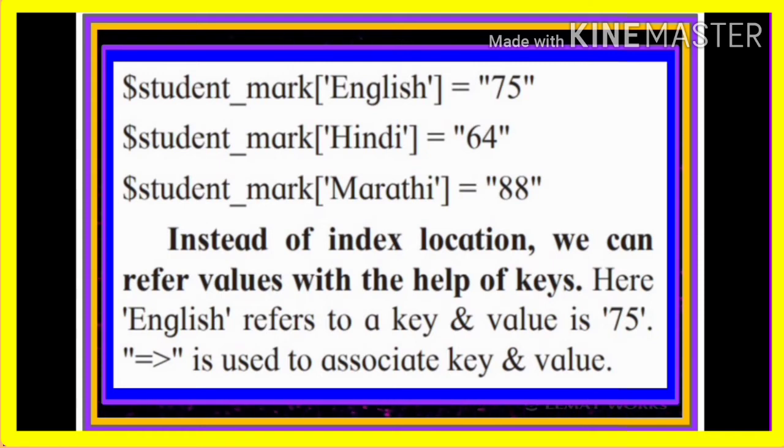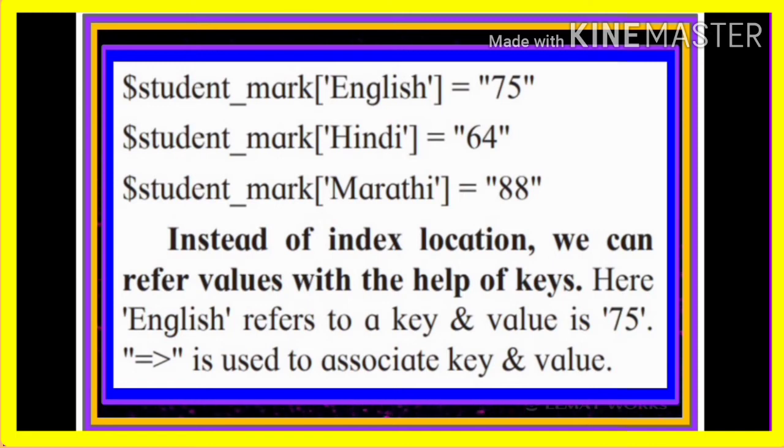In the second line $student underscore mark Hindi equal to 64, in key 2 Hindi, 64 is stored, and in the third line $student underscore mark Marathi equal to 88, meaning in key 3 Marathi, 88 is stored.